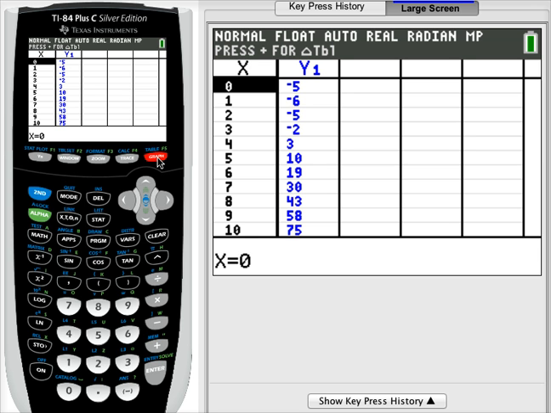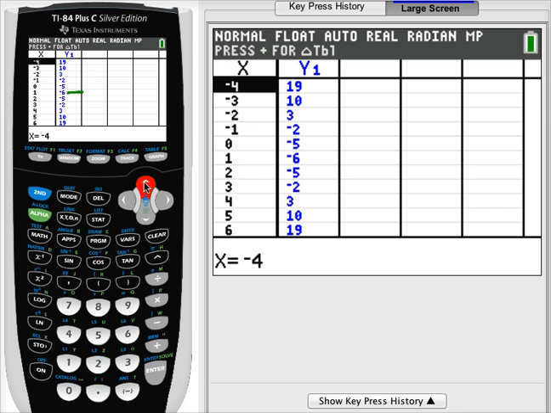And what you're looking for is a symmetric pattern. So hopefully you remember from class that there is a vertex, a minimum or maximum value. Now, what I want you to notice here is this value of -6 right here.